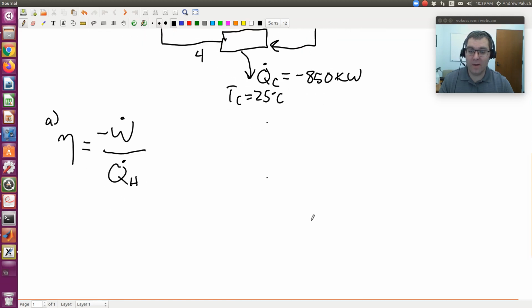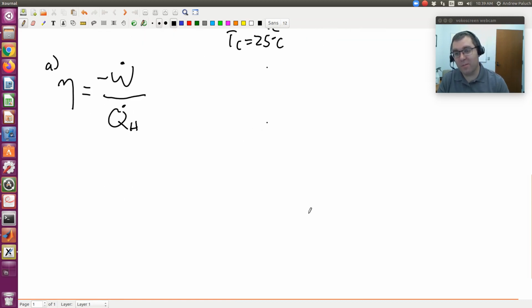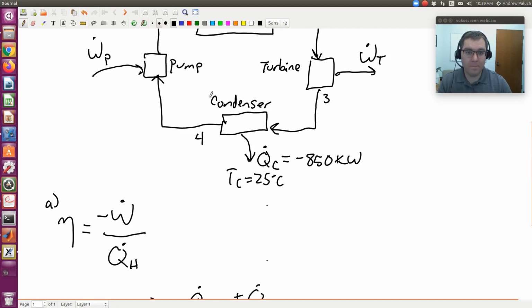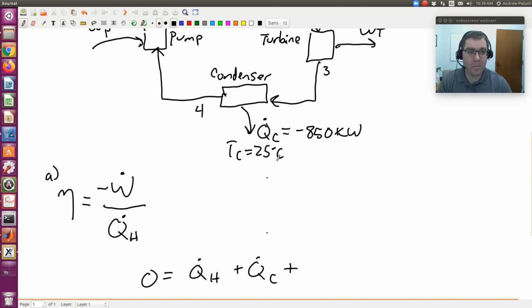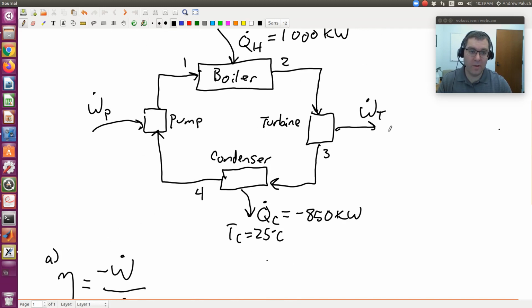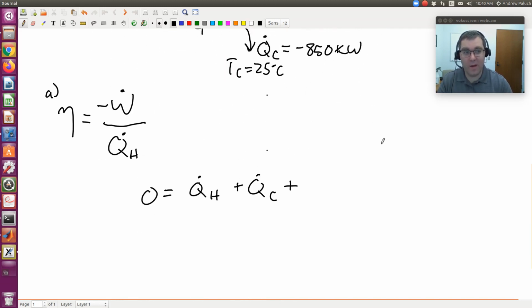And so for my cycle, my first law balance reduces to 0 equals Q dot H plus Q dot C, I called it, plus W dot T and W dot P for now.